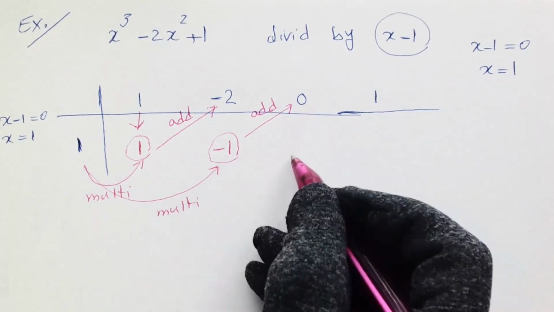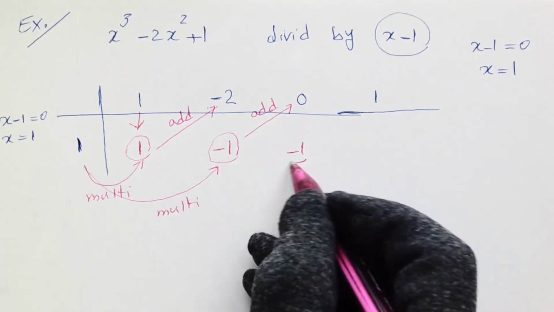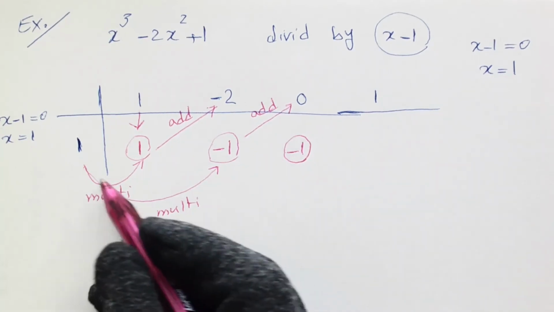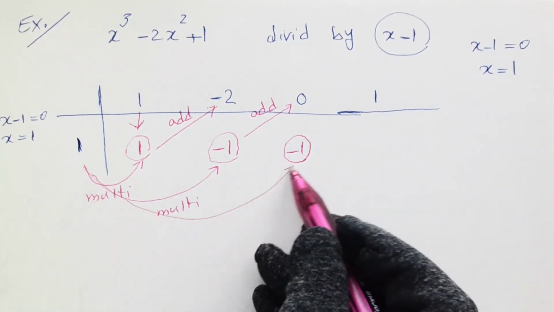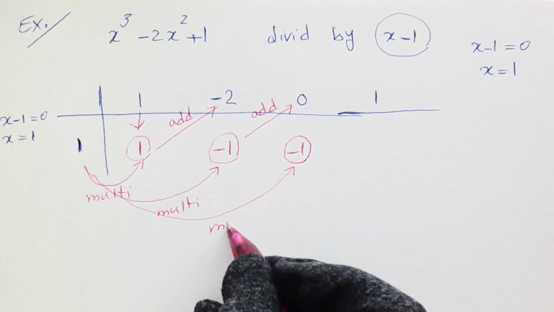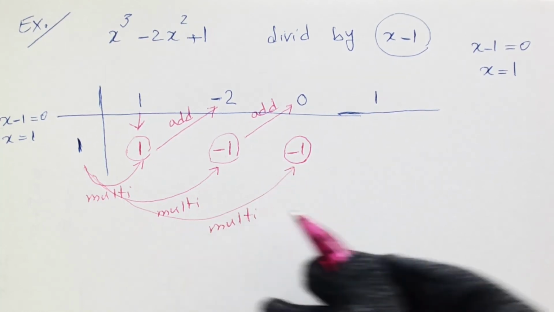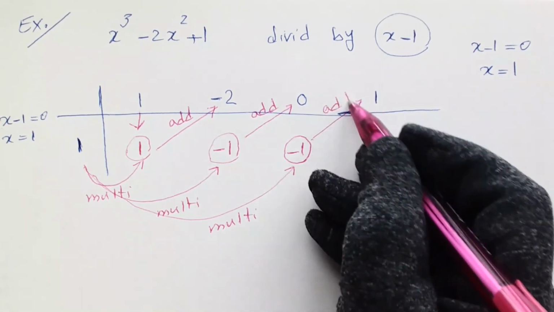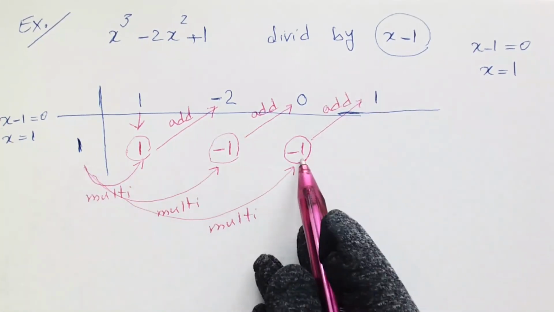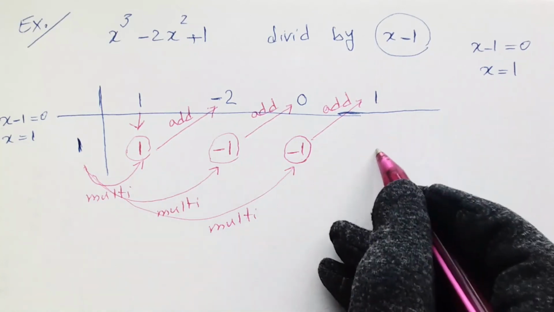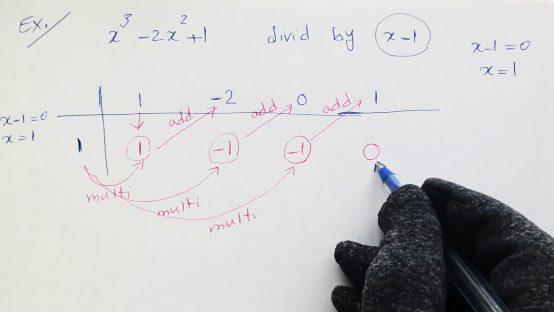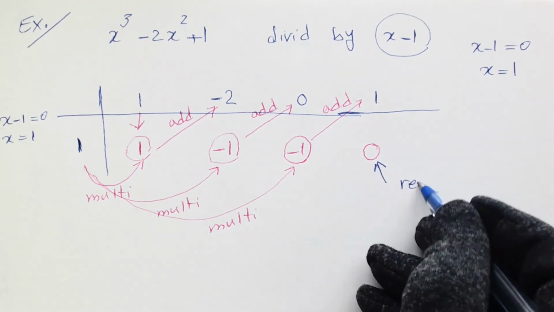Negative 1 plus 0 is negative 1. This is our new number. We continue the same. 1 times negative 1 plus this 1. 1 times negative 1 plus 1 is 0. Interesting, this 0 is our remainder.